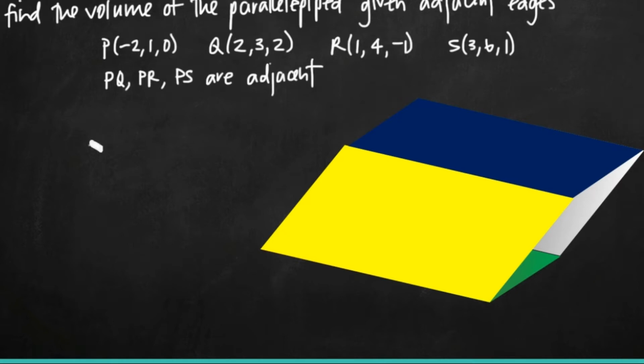Now when you complete a parallelogram at each of the adjacent vectors, you end up with 3 faces. So when you complete them, you end up forming a parallelepiped which has the 6 faces which we require.